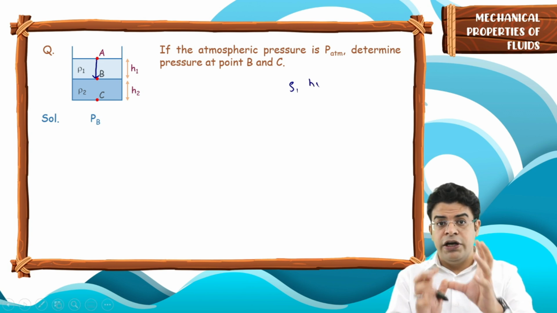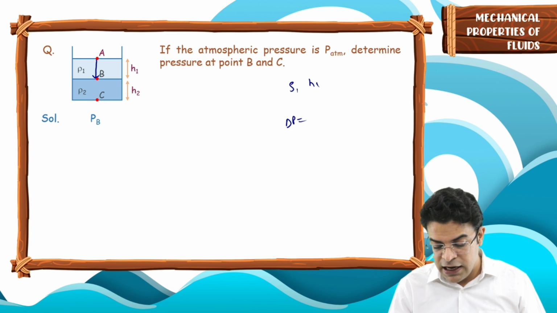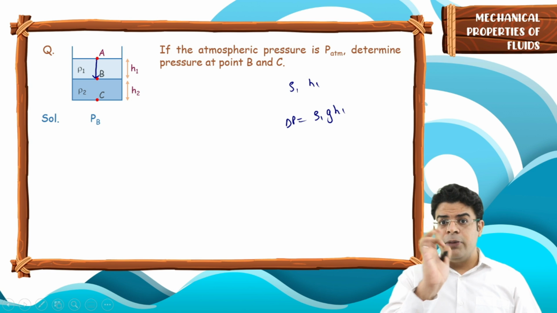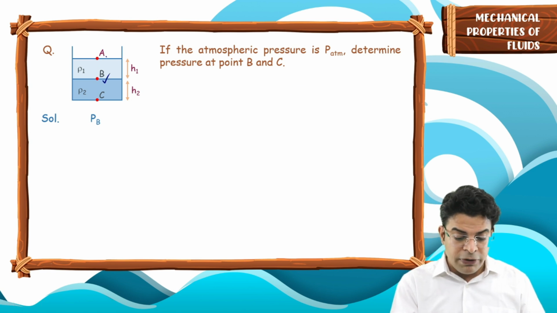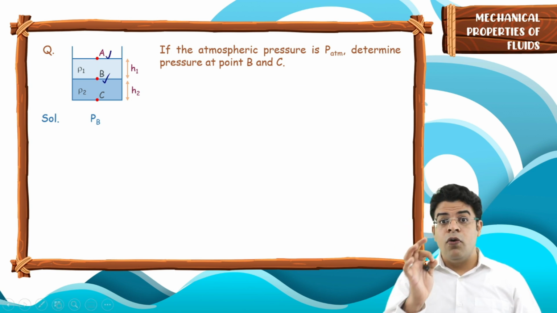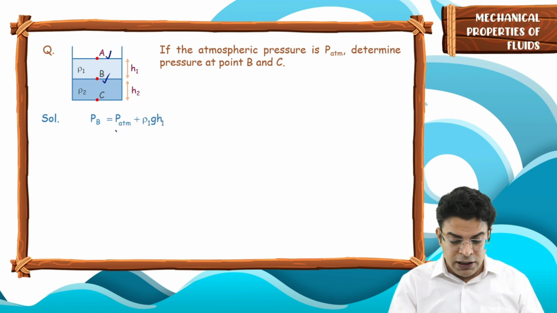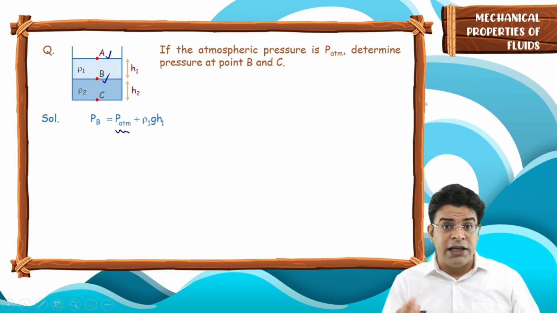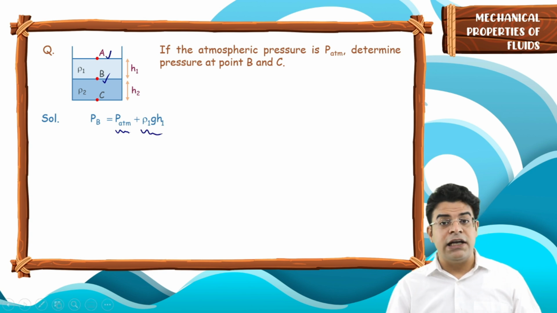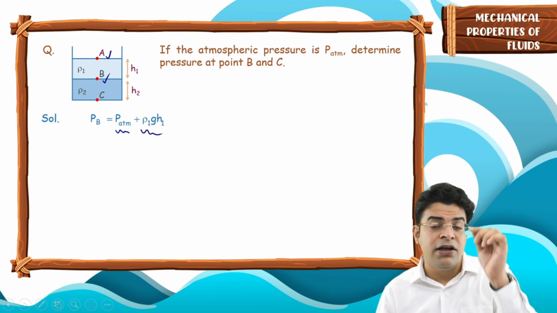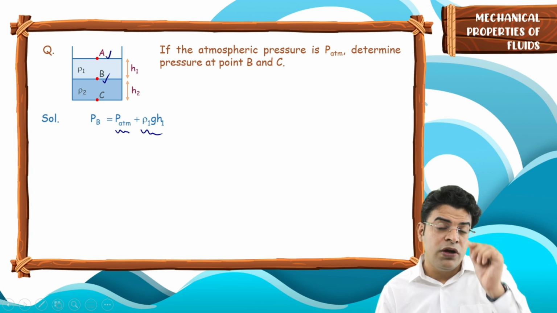Because of this fluid, a pressure difference is created, equal to ρ1 g h1. So the pressure at point B equals the pressure at point A, which is P atm, plus ρ1 g h1, the pressure difference created when you move a height h1 down in a fluid of density ρ1.